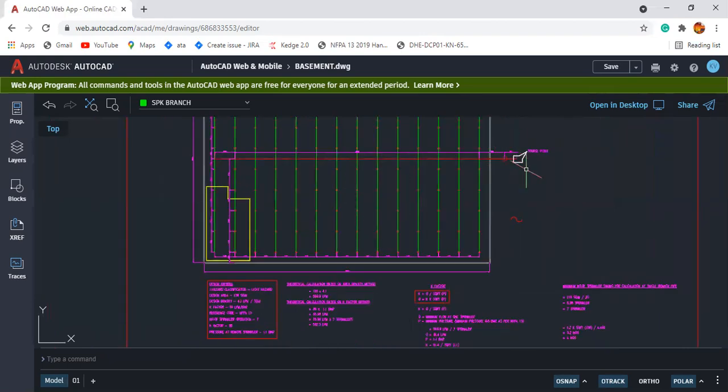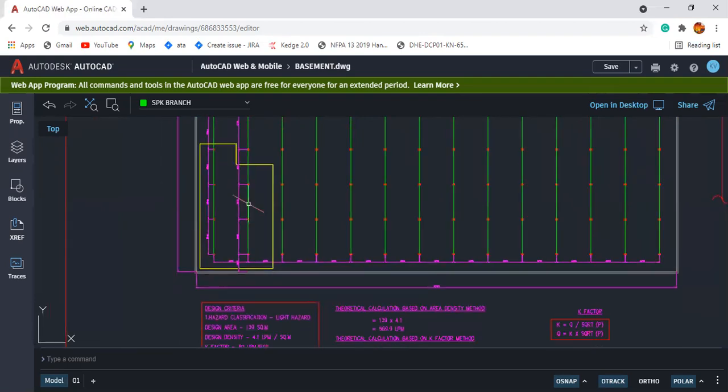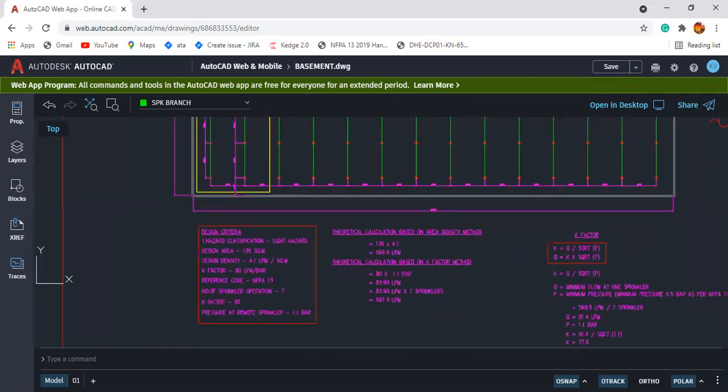The source started from here, so this is the hydraulically remote area. The sprinklers that come inside this border, this region, this area, are called the design area sprinklers. Only those sprinklers should operate during a fire, and that should be enough to control the fire. This is the concept of design area.